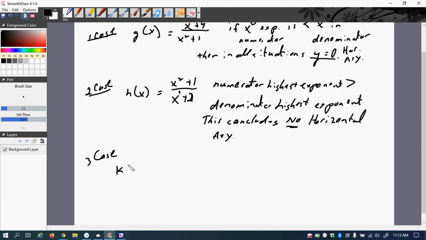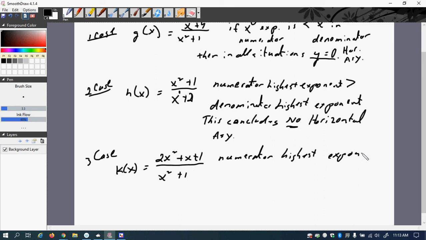Let's say it's k of x equal to 2x squared plus x plus 1, all over x squared plus 1. In this case, the numerator's highest exponent equals the denominator's highest exponent.